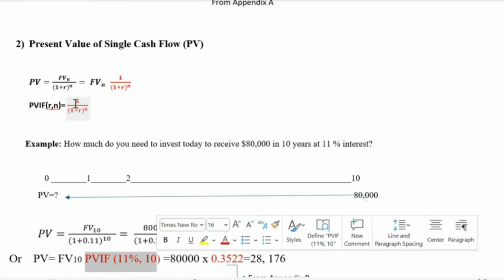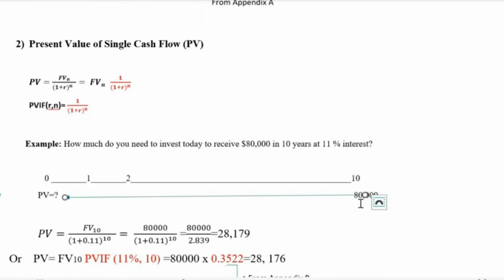We know $1 today is worth more than $1 in the future. In other words, if you want to convert $1 in the future to today's equivalent amount, it's less than $1. That's why all the numbers are less than 1. So here 0.3522 means if you save 0.3522 today, it will grow to $1 in 10 years.